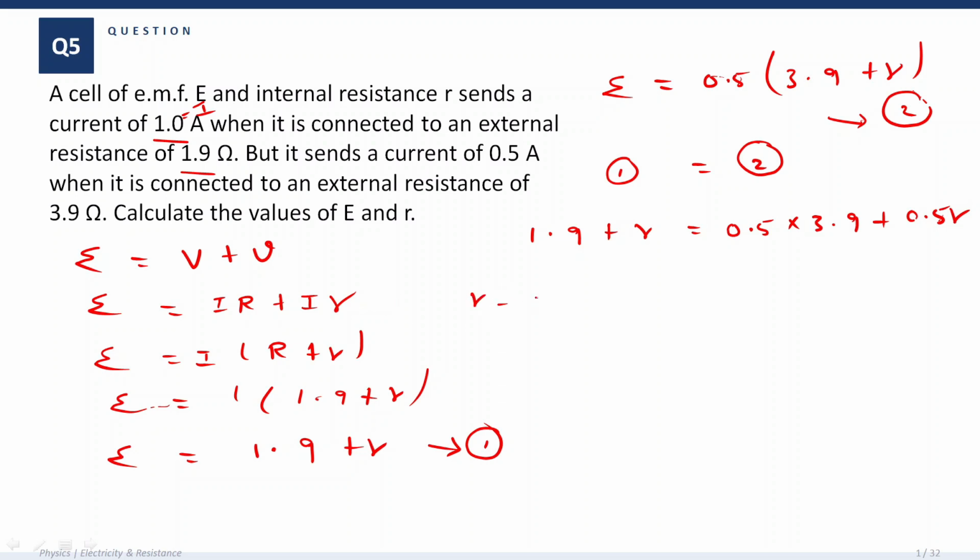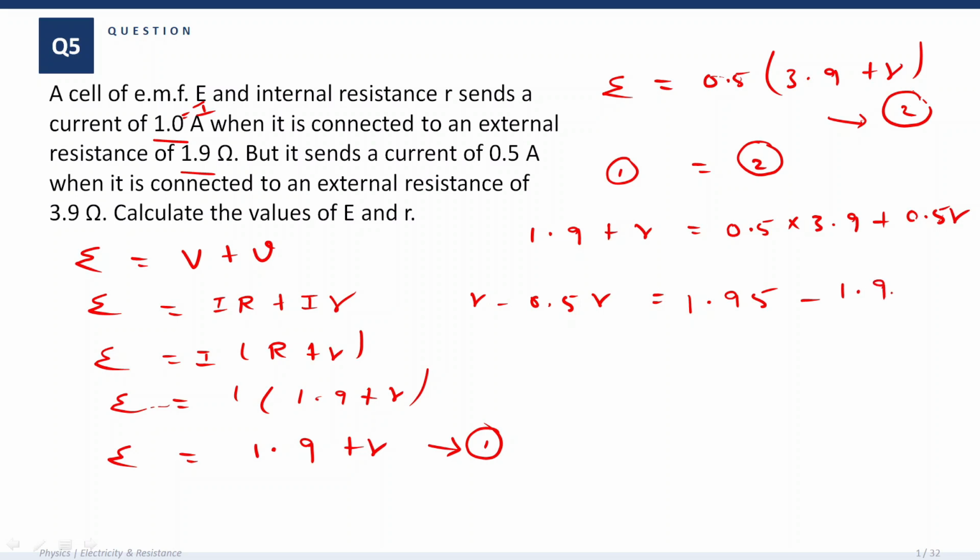r minus 0.5 r equal to, just multiply 0.5 into 3.9, we will get 1.95, minus 1.9.